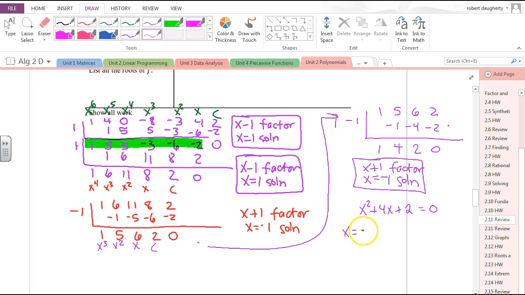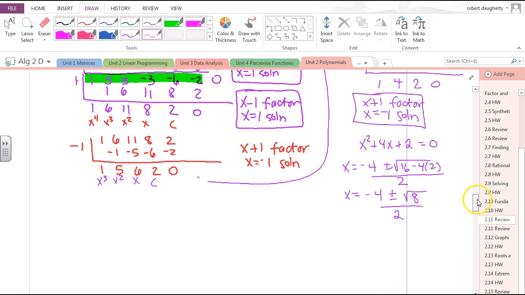So x is negative 4 plus or minus the square root of 16 minus 4 times 2, all of that over 2. So this is x equals negative 4 plus or minus the square root of 8, all of that over 2.